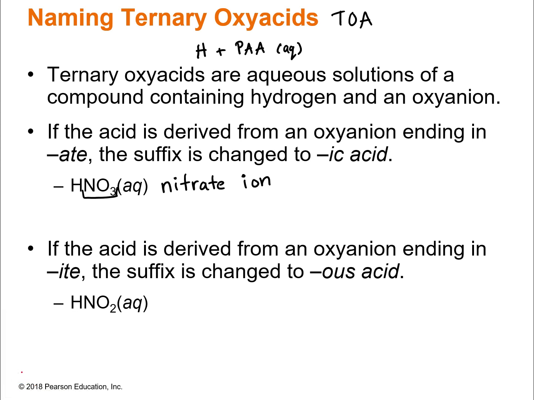When something ends in ATE, and that's where the acid is derived from, you get rid of the ATE, replace it with ic. Get rid of the word ion, replace it with acid. For nitric acid.